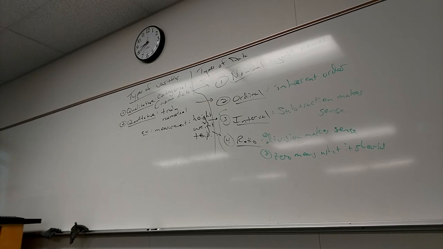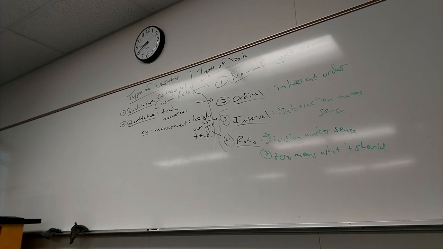I'm just saying you have not presented yourself to the world yet, right? So you're not on the earth yet. You with me? So 0 means what it's supposed to mean. There's no time to count yet. You haven't existed out in the world yet. That's why age is ratio. Since 0 is where it's supposed to be, division makes sense. What about temperature? How many temperature scales do you guys know?